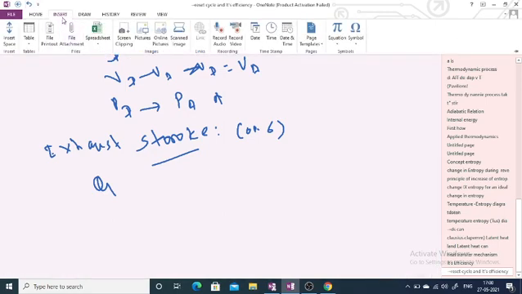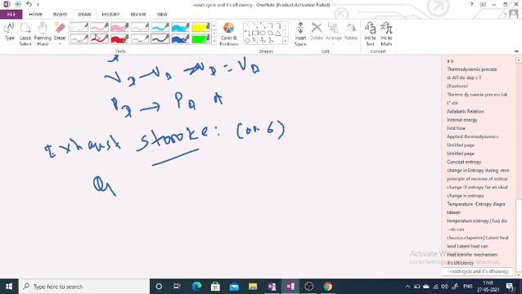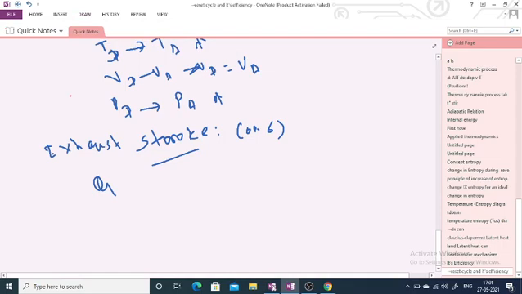One is the amount of heat absorbed by the working substance during the isobaric process.